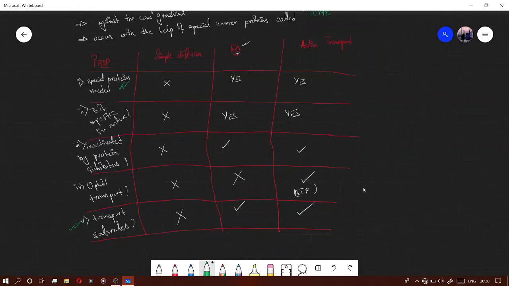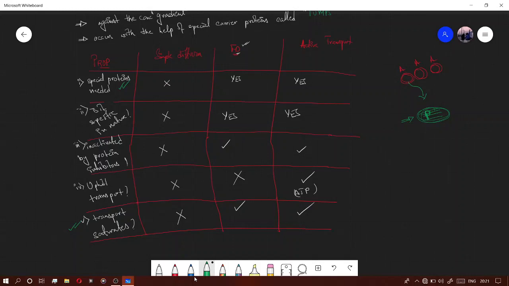So say this is a protein P, and this protein is needed for the transport of a substance, say A. For every protein P present, it can transfer only one A at a time.